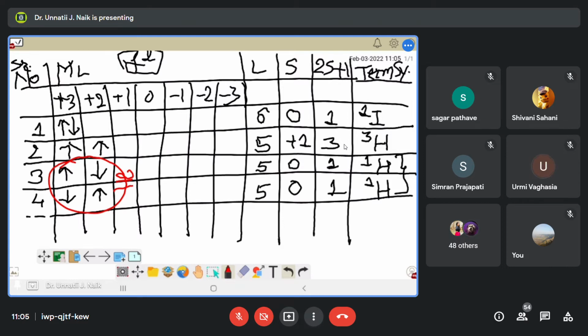Yes, ma'am. Right. So even if I have two different microstates, they actually represent a similar condition, because when we are practically observing, we cannot find out whether this is electron 1 or electron 2.